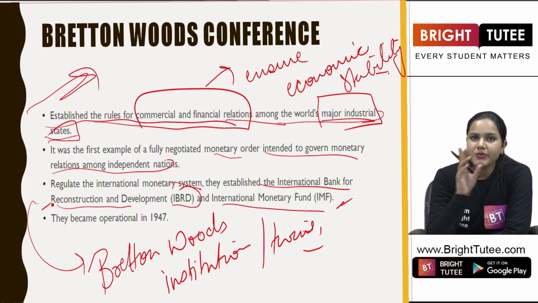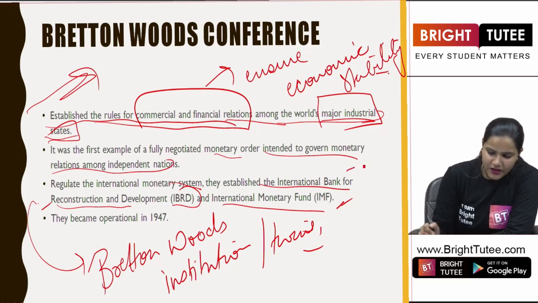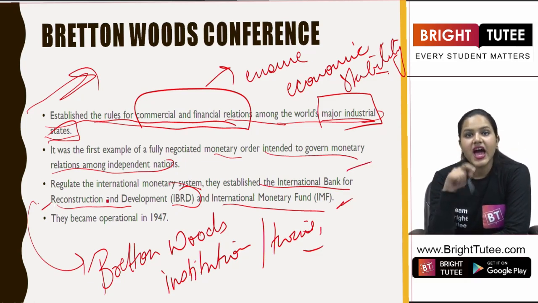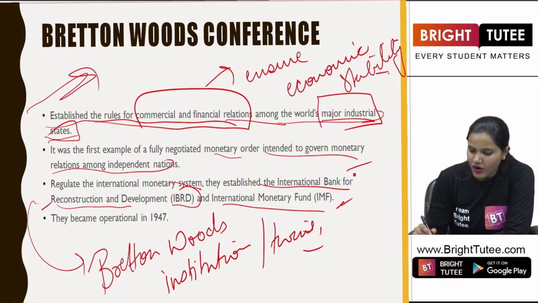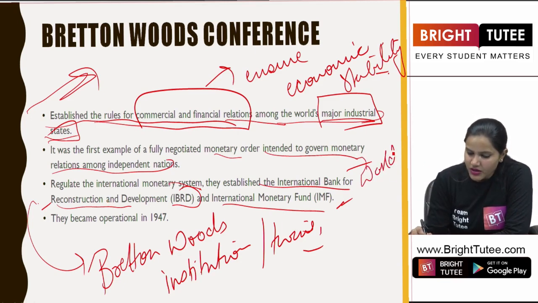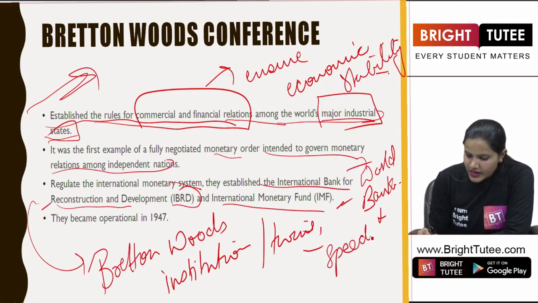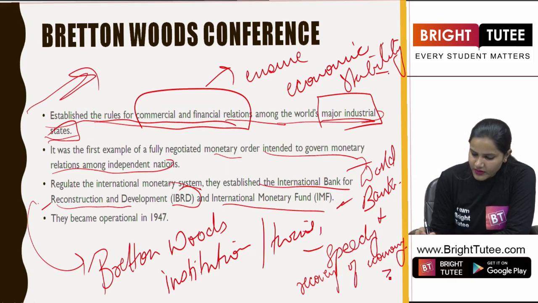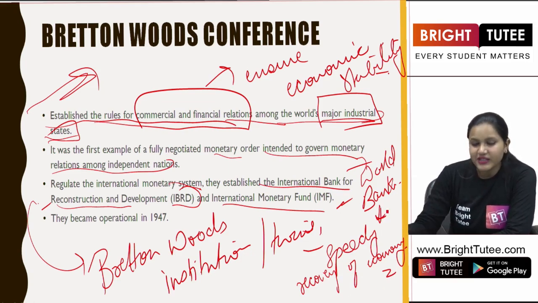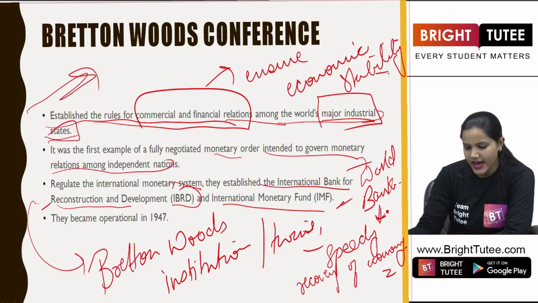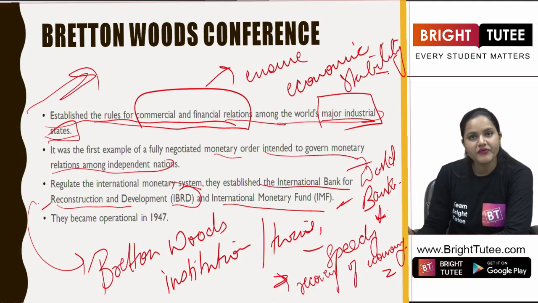One was the IBRD, International Bank for Reconstruction and Development, and in today's day, we commonly call it the World Bank, right? So it was to ensure speedy recovery of economy all over the world. So basically, the World Bank was to give monetary help to all these nations and ensure the speedy recovery of economy.